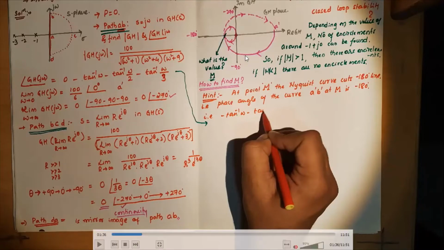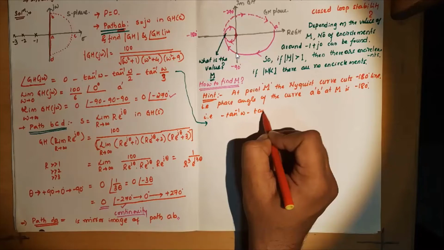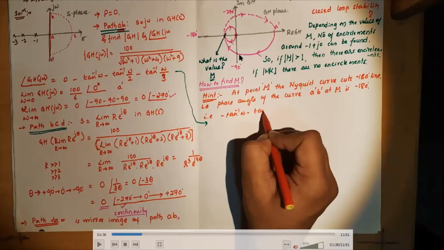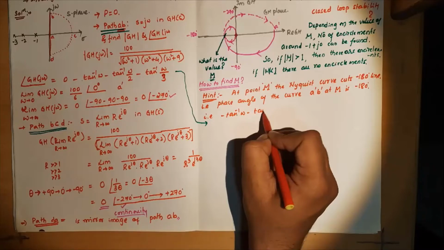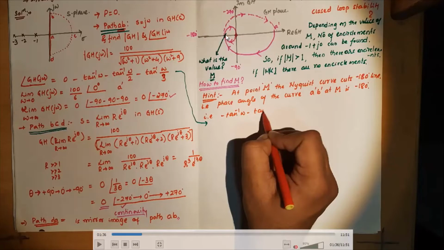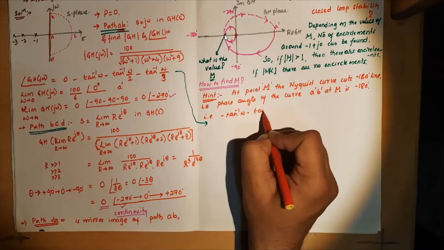So when it proceeds to this particular point, we assume that the phase angle of the curve is minus 90 degree. And when it proceeds further, we assume that the phase angle contributed by the OLTF is minus 180 degree.